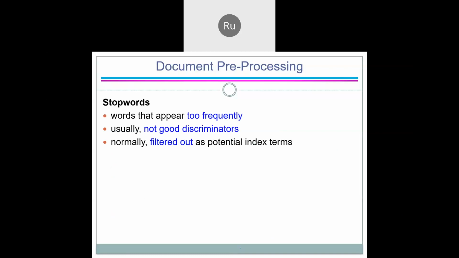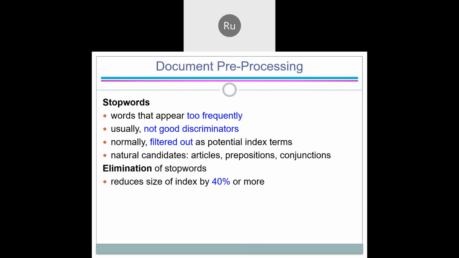We want to remove those words that carry less meaning because they appear the most. This reduces the size of the index by 40%, and some even reduce up to 50%.